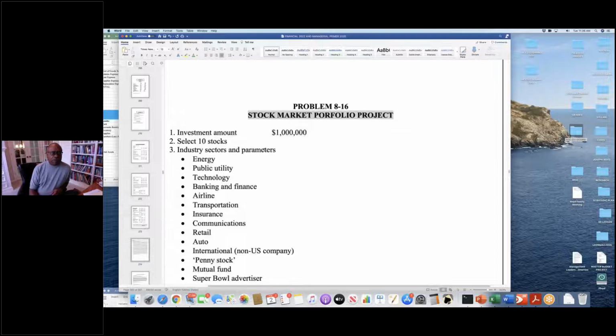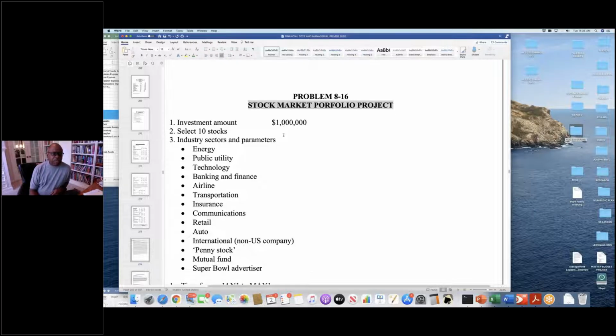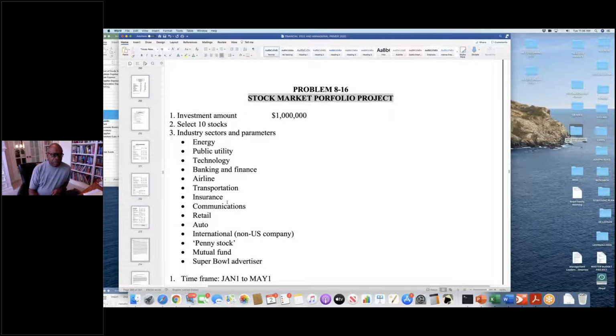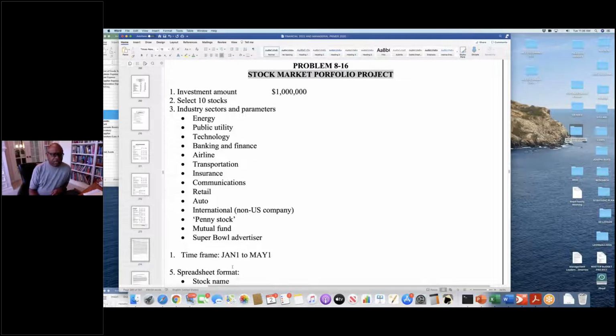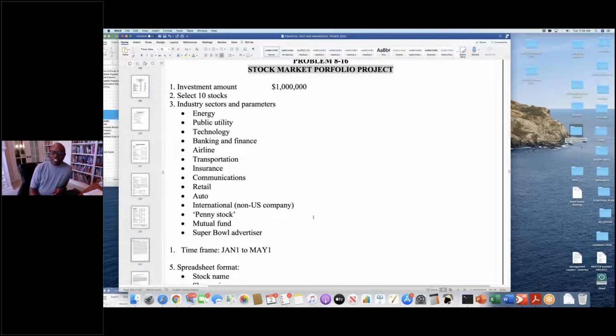This is the team portfolio project where you select 10 stocks and you invest $1 million. You get into the various sectors, time frame January 1 to May 1st. Yeah, you move too fast. We're just now getting on cash flow. Hold on now. Don't start talking about no stock markets now. Hey, we got to take it slow, man, easy.